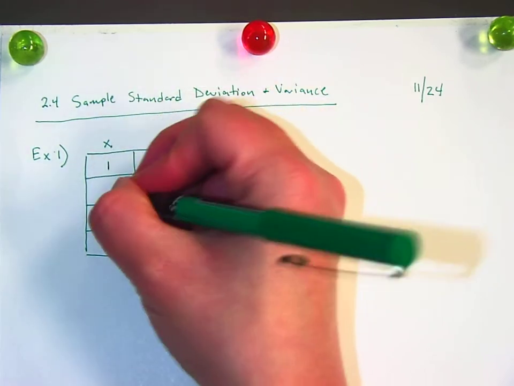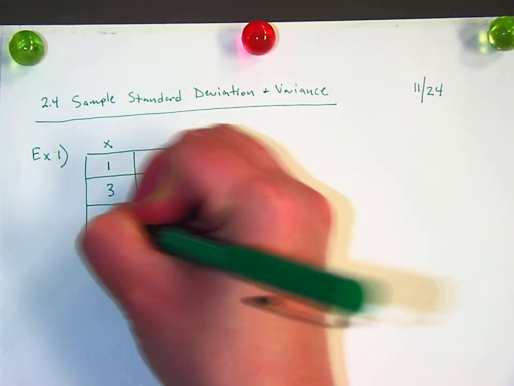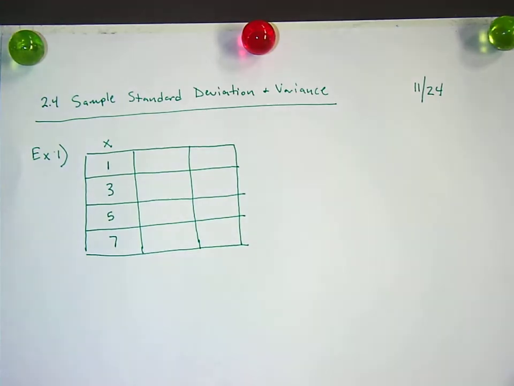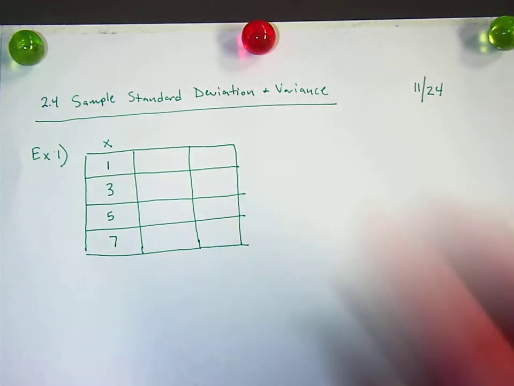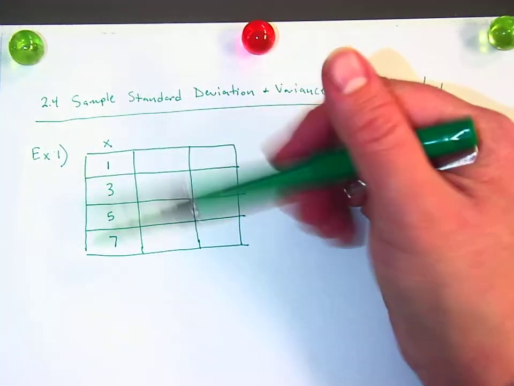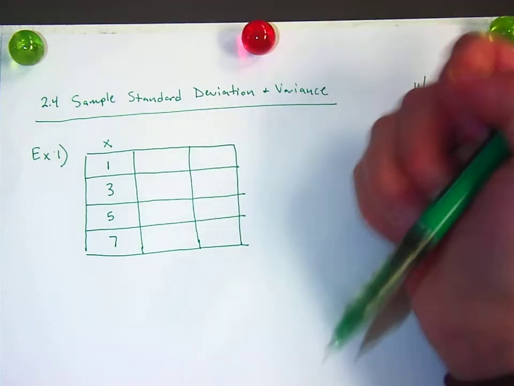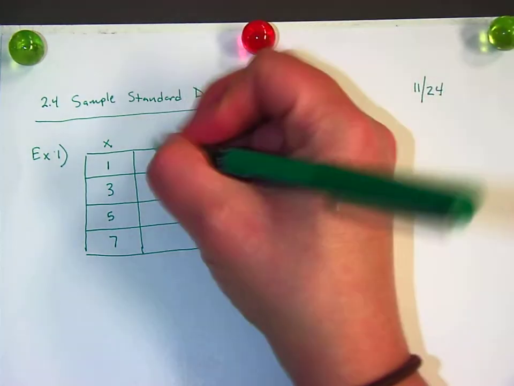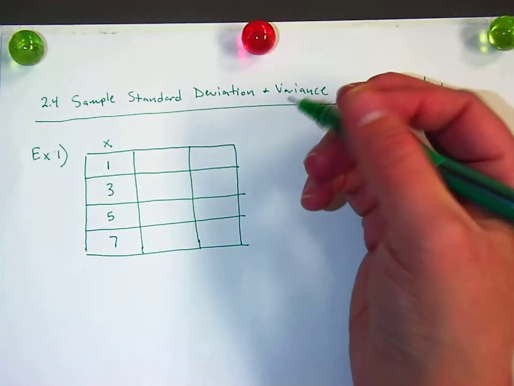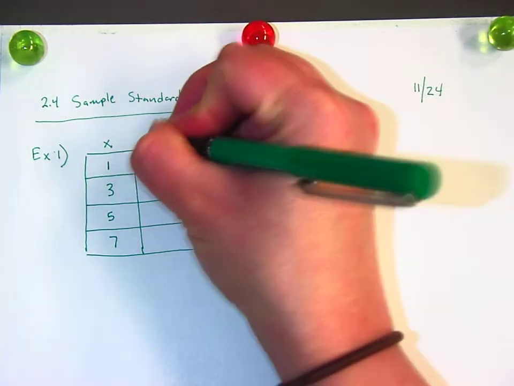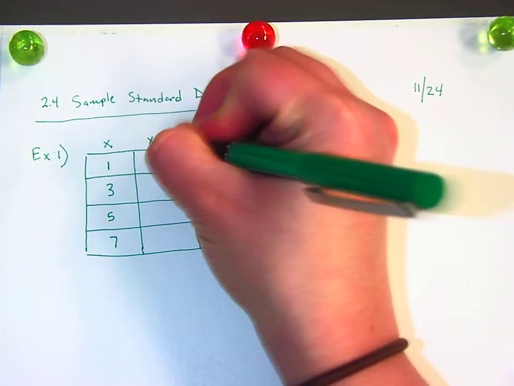So before, when it was a population, it's every single thing. For example, when we were doing the football games, it was every single game we played in the preseason. But this right here is a sample of a larger data set, we're assuming. And so we're going to start finding the standard deviation like normal. So do the steps with me.